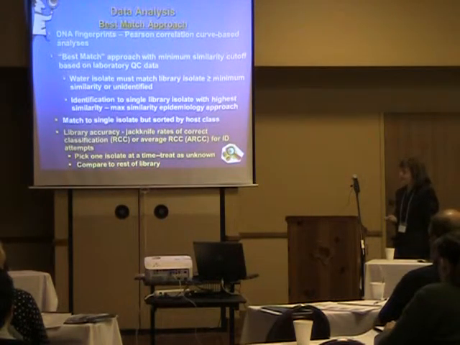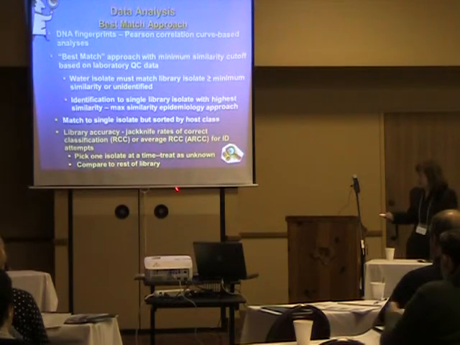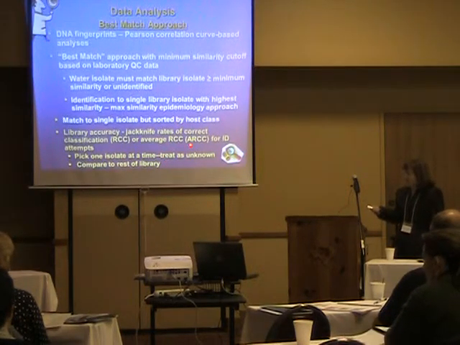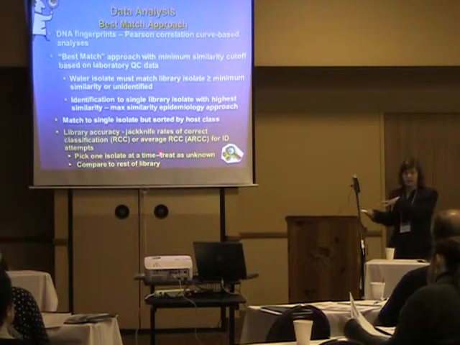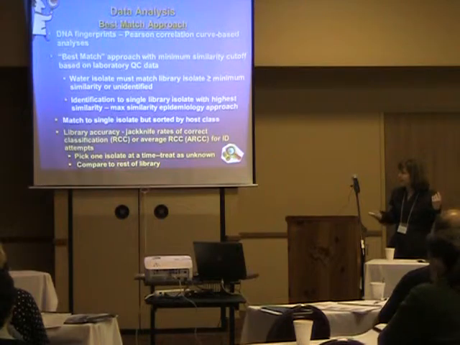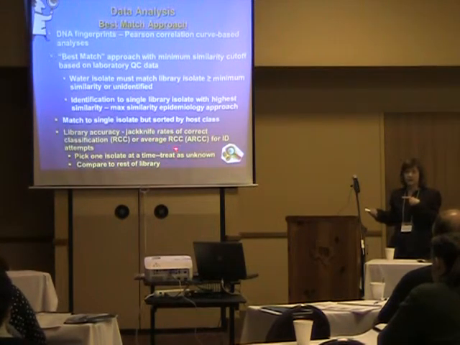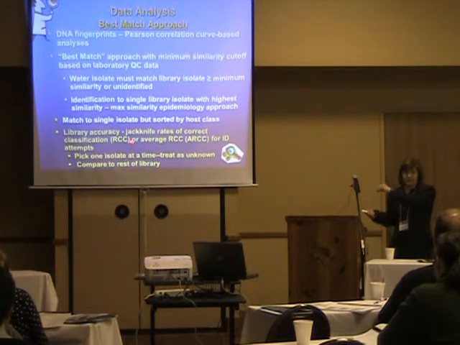This is the way of seeing where you pick one isolate at a time, you treat it as an unknown, in other words, it's not in the library, and then you compare it to the rest of the library and see if it comes up as a match. Since we didn't let clones in here, the isolate can't go back and match its sister isolate.